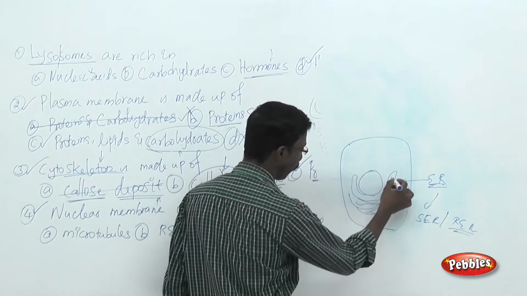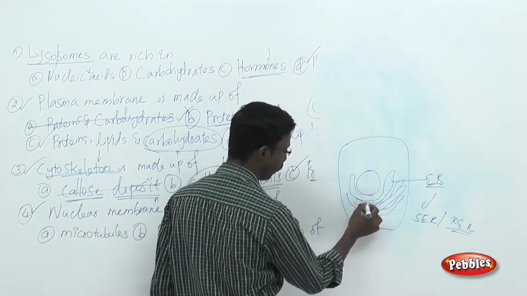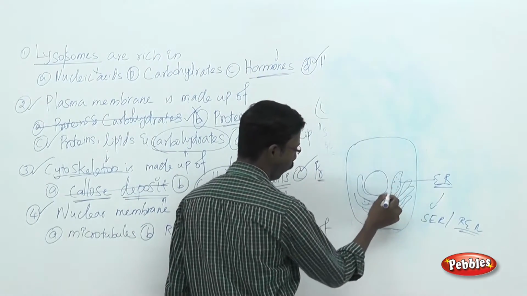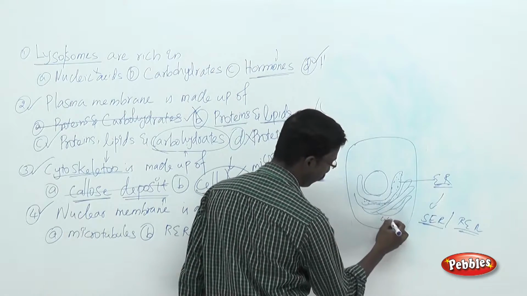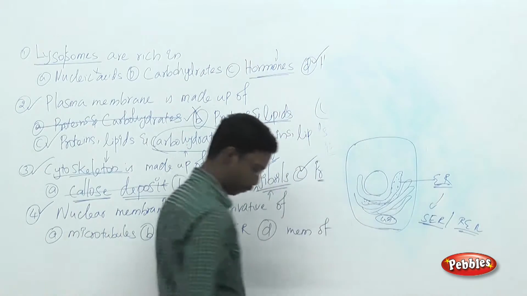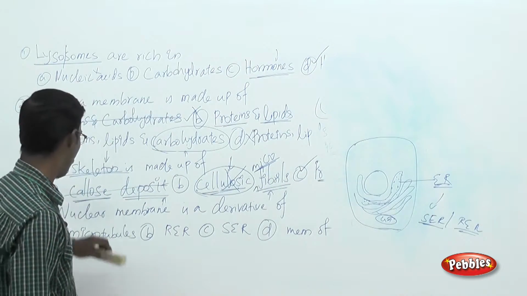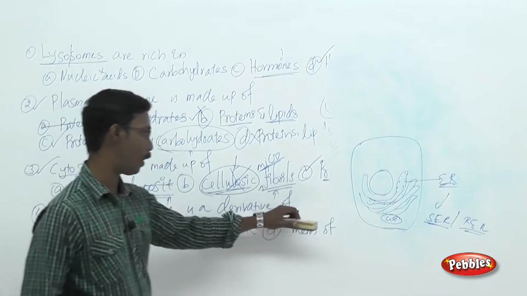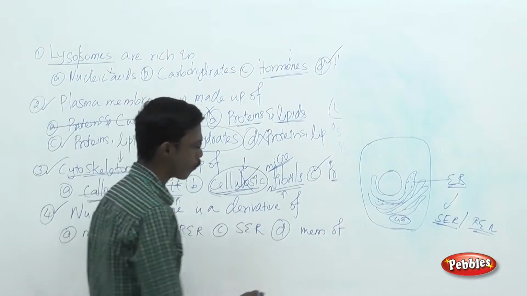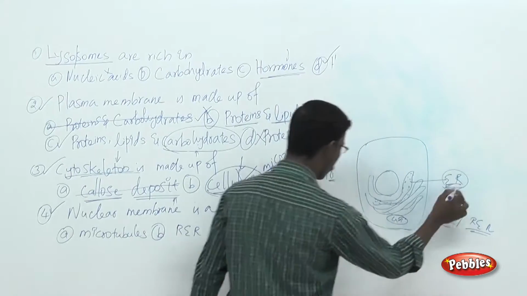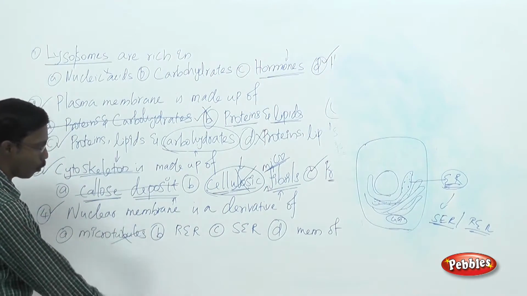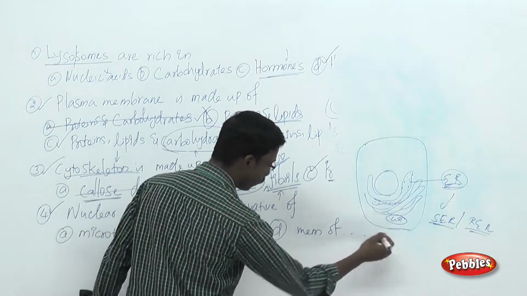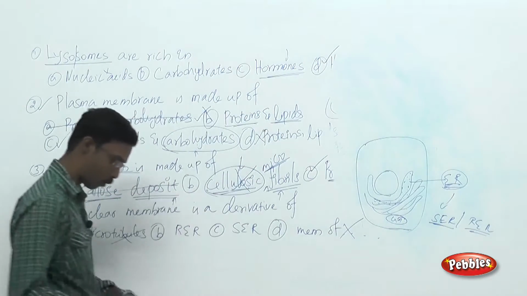So the point you have to remember over here: rough endoplasmic reticulum is closer to the nucleus, and the smooth endoplasmic reticulum is closer to the Golgi apparatus. Okay, now we will come back to the question. Nuclear membrane is a derivative of, so it should be a derivative of endoplasmic reticulum. So you can easily eliminate the microtubules or the membranes of the filaments, or you can eliminate both the answers.